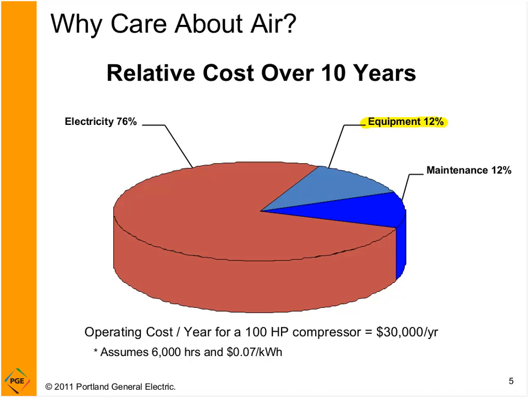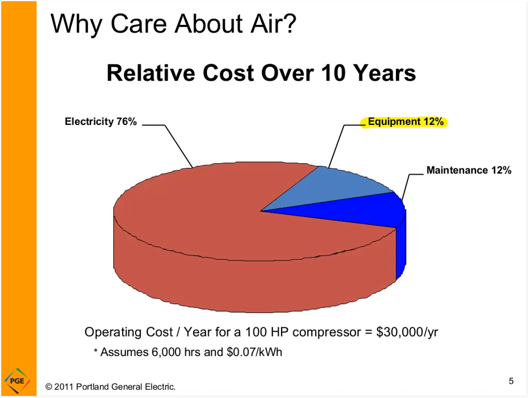Now you look at that and you say, well, 12%, it's significant, but it's certainly not the largest piece of the pie. So I like to look at this, and I always challenge people, over the course of 10 years, if you can purchase some energy efficiency options at an incremental cost to the first cost, why not do it? It might be 10 to 12%, to 14%.